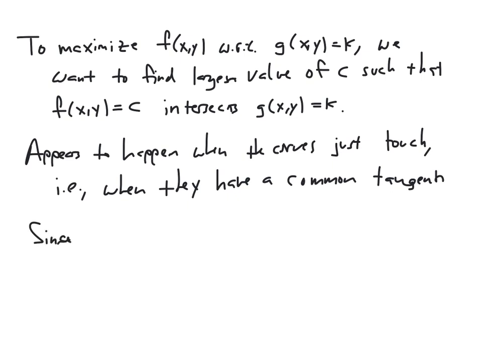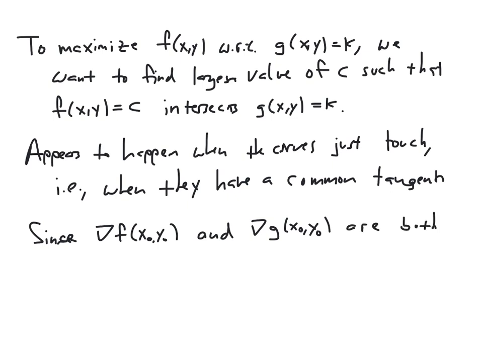The way that we're going to approach this is by using the fact that if they have the same tangent line, the gradient vector for both the function f and the function g evaluated at that intersection point must both be orthogonal to that tangent line.